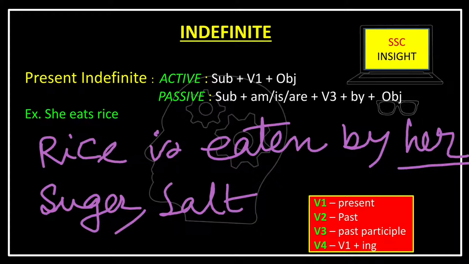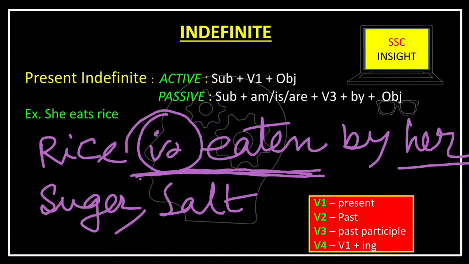We can use them as countable as well as uncountable, but in this case it will be uncountable. If I refer to the kinds of rices, varieties of rices, then it will be a countable noun. So generally in this case it will be an uncountable noun. So here it will be is. Rice is eaten by her.